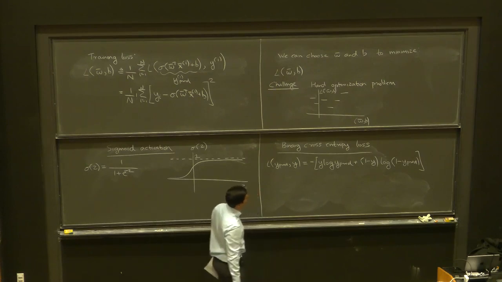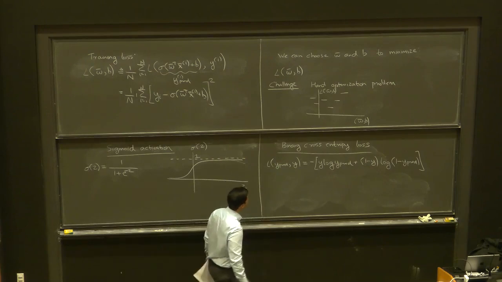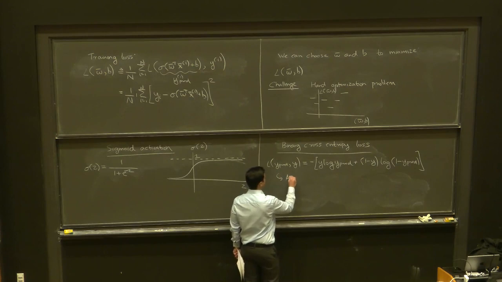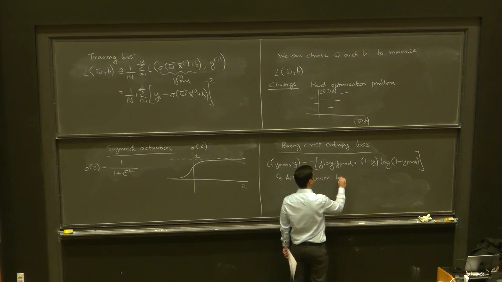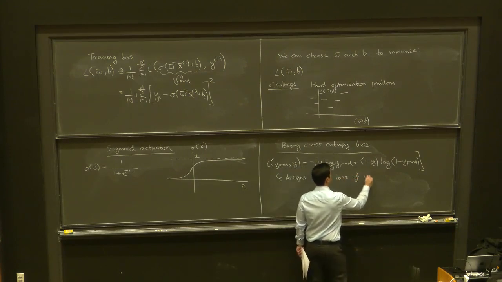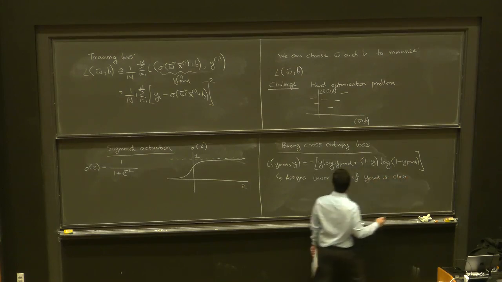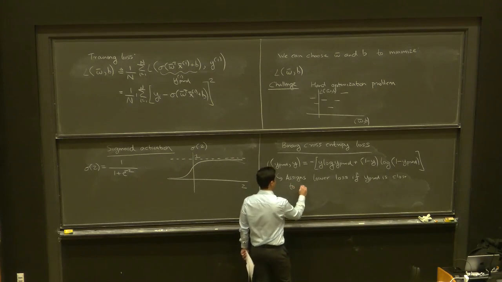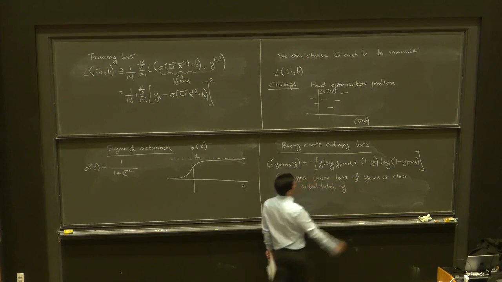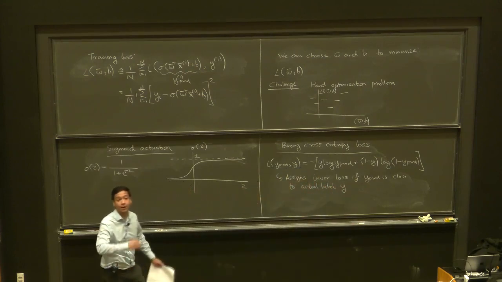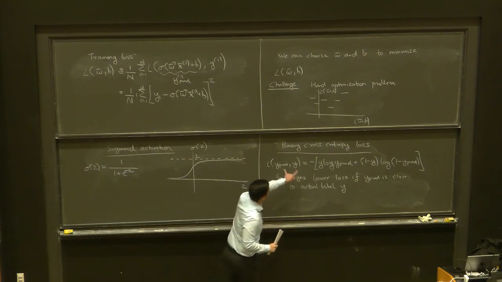I should have gotten a visualization of this, but if you plot this as a function of the two arguments, what you'll see is that this assigns lower loss if the prediction is close to the actual label y, and higher loss if the prediction is far away from it.